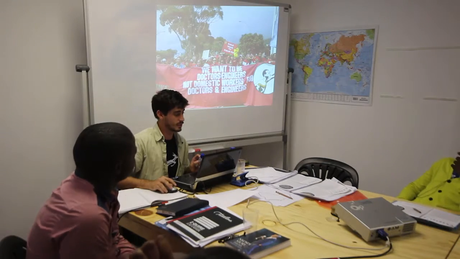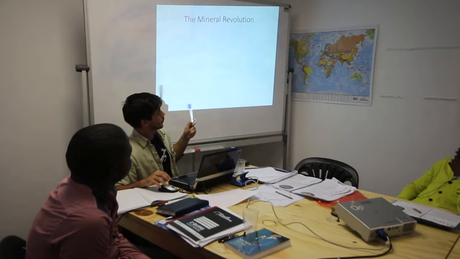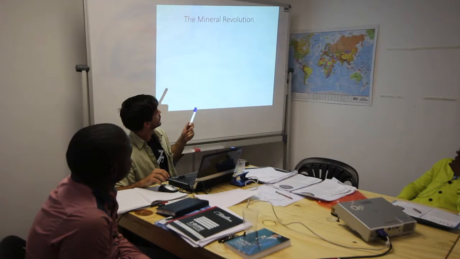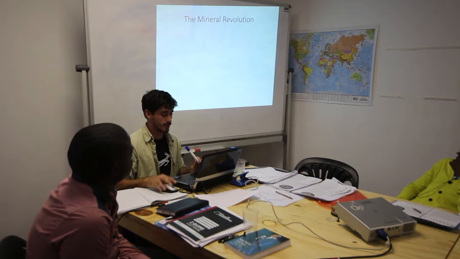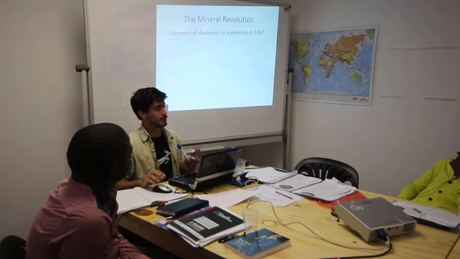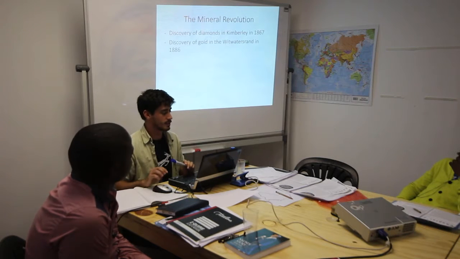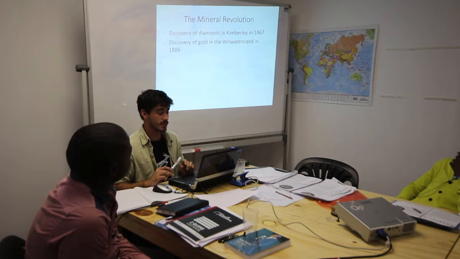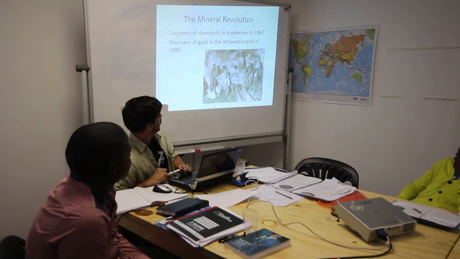Because in 1867 there was something that happened in South Africa called the mineral revolution. It started with the discovery of diamonds in Kimberley in 1867 and the discovery of gold in the Witwatersrand in 1886. And that's a picture of some early miners.